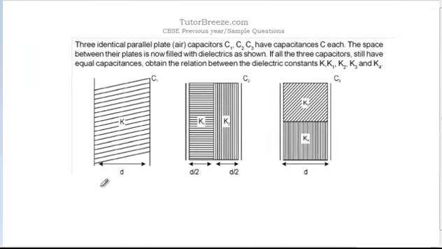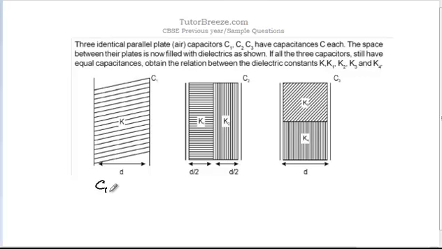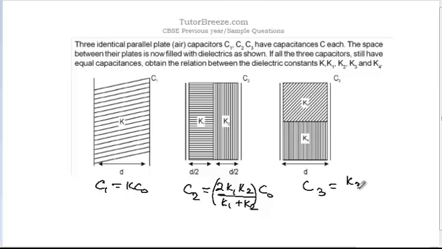Now finally I can write this C1 as K times C naught, C2 as twice K1 K2 over K1 plus K2 times C0, and C3 as K3 plus K4 by 2 times C0.